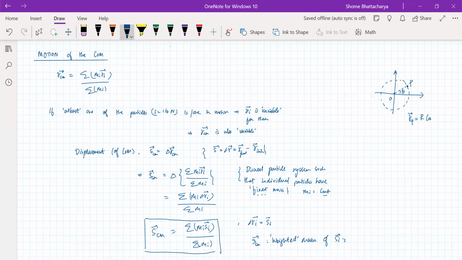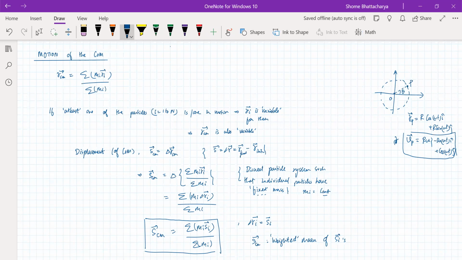Now if it's going with constant angular speed, because it's going with constant speed, we can write this as this. So the velocity of that person, for example, at any instant is r omega minus sine omega t i cap plus cos omega t j cap. Okay.